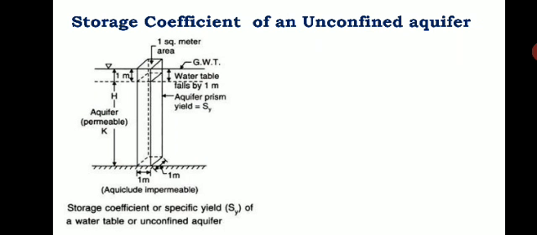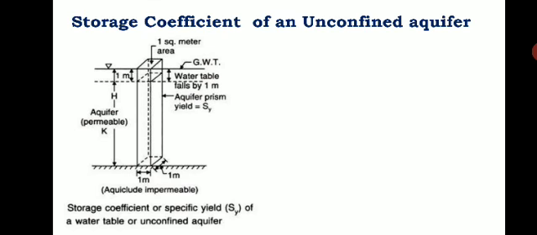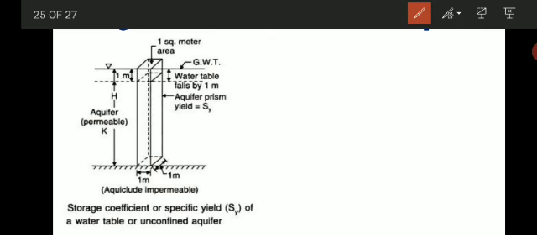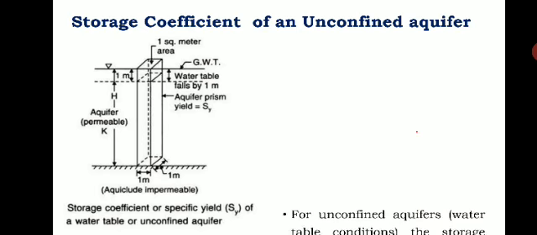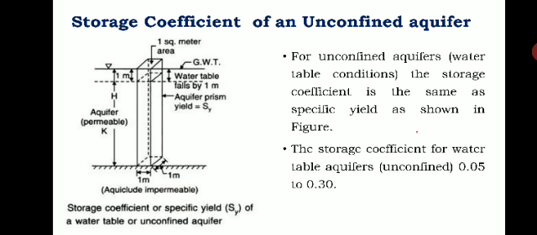Suppose the aquifer is unconfined, what will happen? For an unconfined aquifer, also called a water table aquifer or water table condition, the storage coefficient is the same as the specific yield, as shown in the figure.